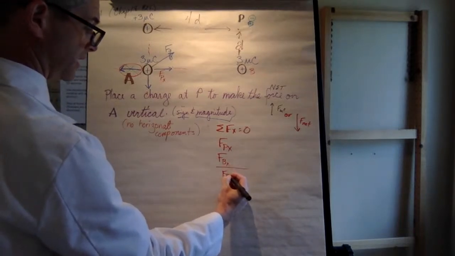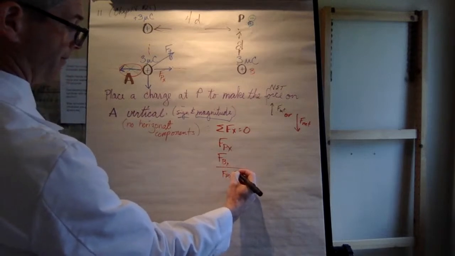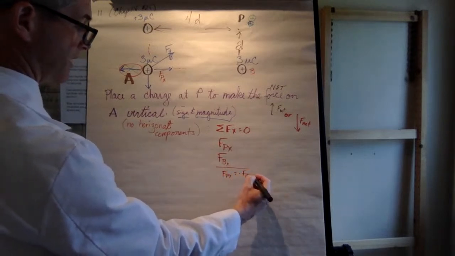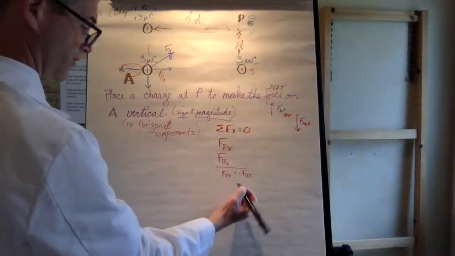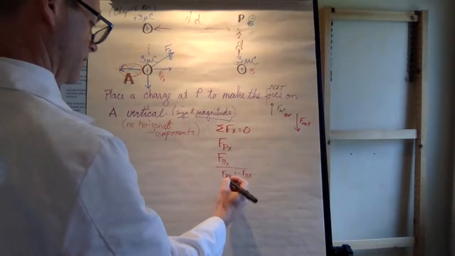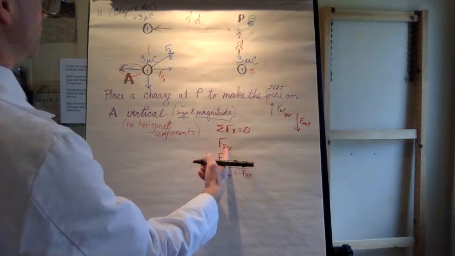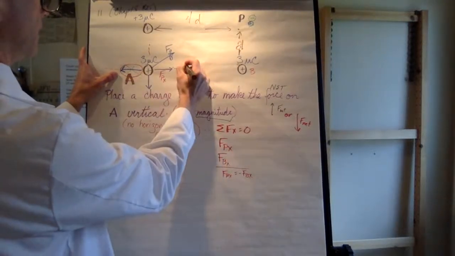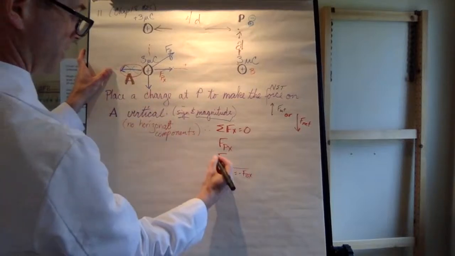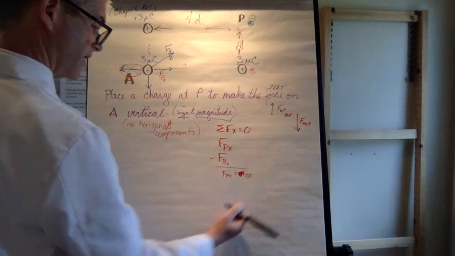So F_P in the x direction has to be the negative of F_B in the x direction. Good thing. That's how we pick that negative charge as well. So here we go. So if I make this way positive, that way negative. There we go. So now they have to equal each other.